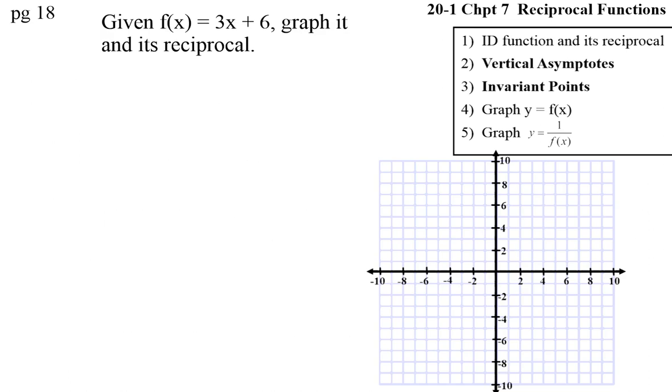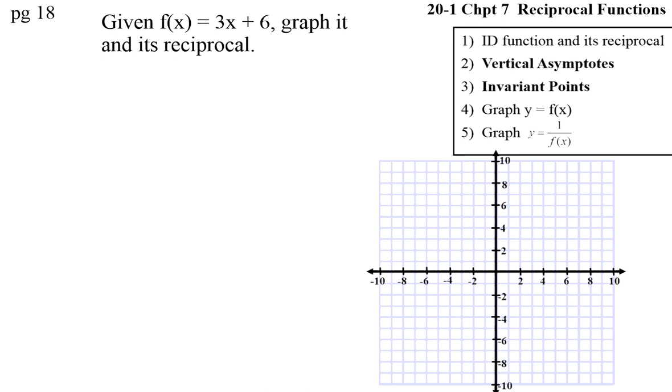So let's take a look at an example. Page 18, we're given f of x equal to 3x plus 6. We want to graph it, and we want to graph its reciprocal. So what's the reciprocal function? It's the first thing it asked.